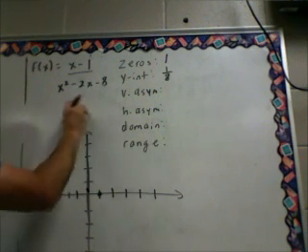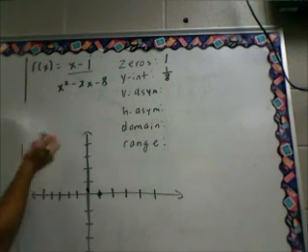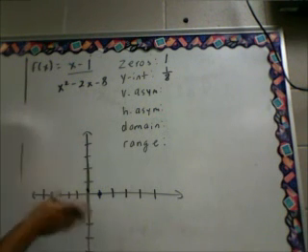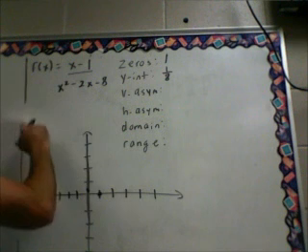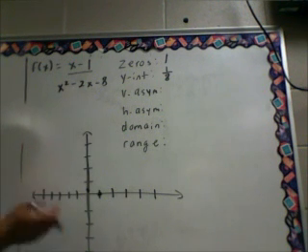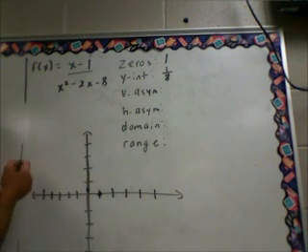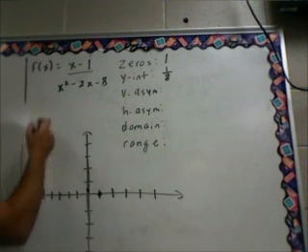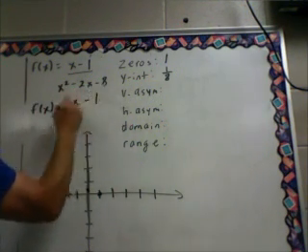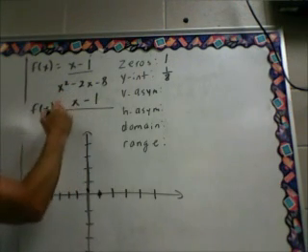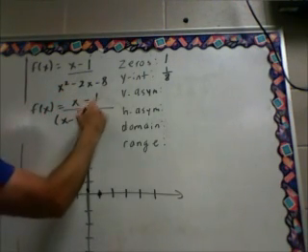Now for vertical asymptotes, we set the bottom equal to 0, so we might as well go ahead and factor it. Because later on we're going to see something called holes in the graph, which doesn't happen here, but we need to graph it to see if it's an asymptote or a hole in the graph, because they're similar. So this is going to be x minus 4 and x plus 2.